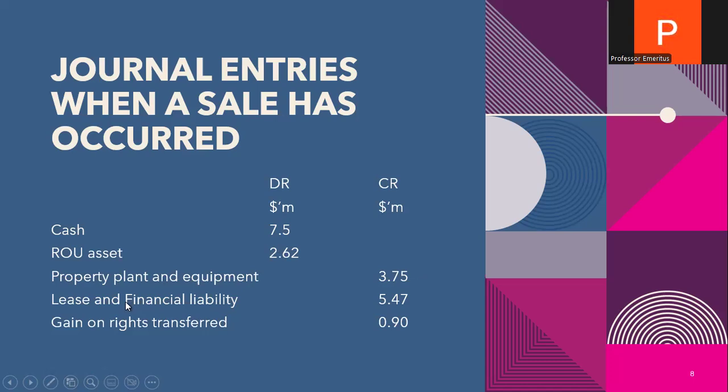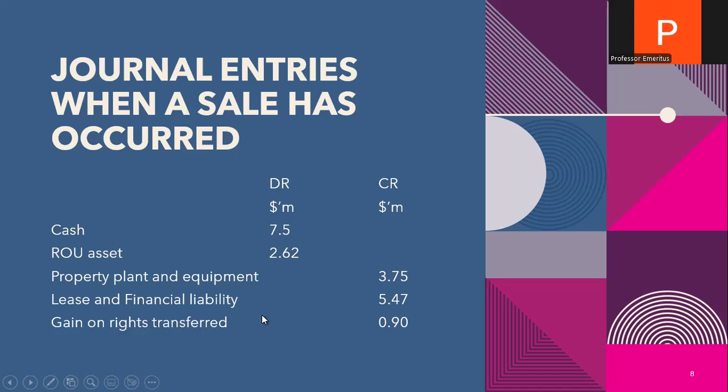And then if you look at this next line, I'm saying lease and financial liability. I could do it in two ways. Number one, I'll say lease liability 4.72 and financial liability 0.75. The two of them will give me 5.47. So I didn't say lease liability, I said lease and financial liability.